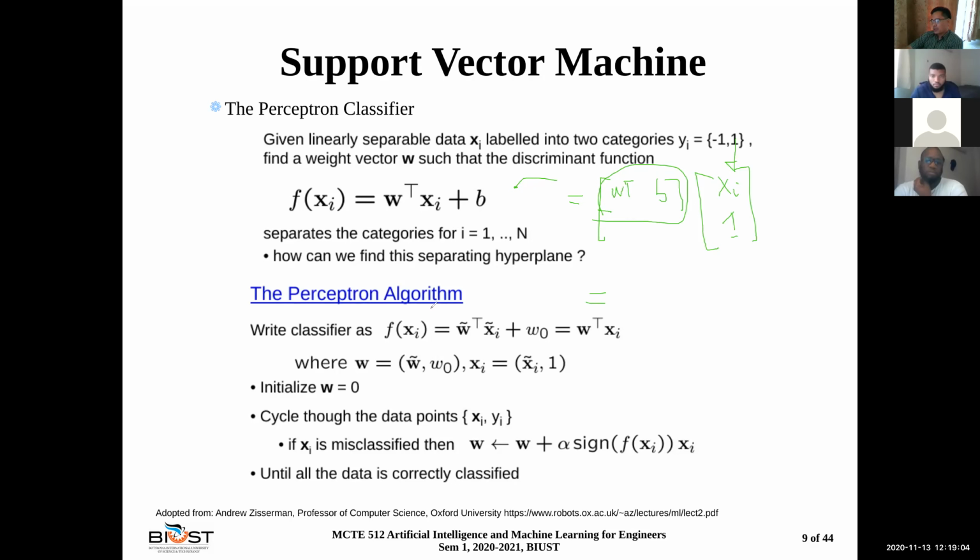There are other ways of expressing the linear separability and also this line function. But for now, let's consider it as a perceptron where B is considered as W0. Then you can write W tilde, put them together as your W, and your X as your X input together with 1. So now this is your W, the main W, and this is your X.